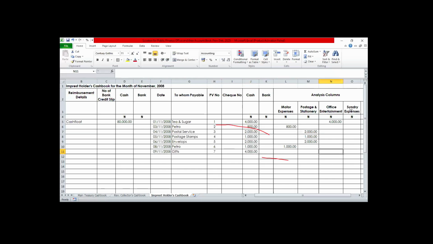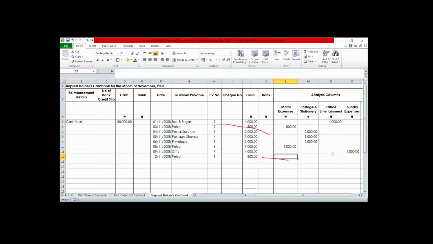What else again? November 12, purchase of petrol, 800 naira. Petrol, 800 naira, abi?